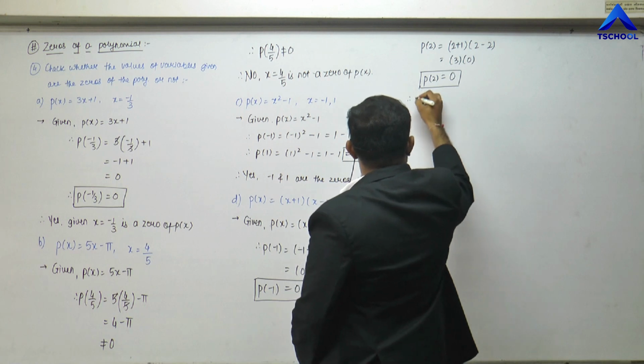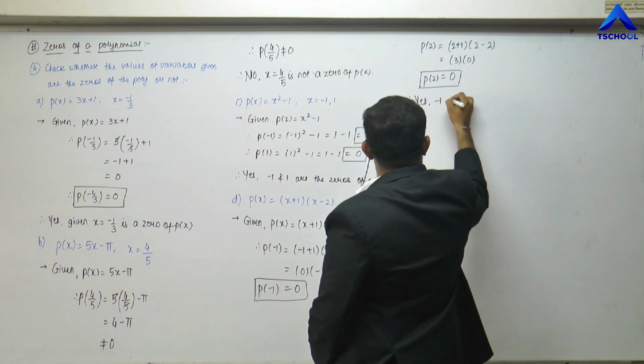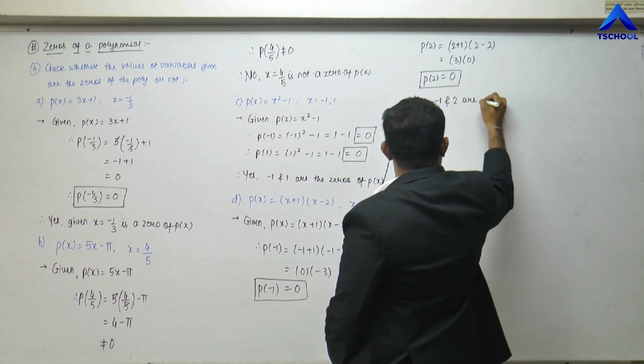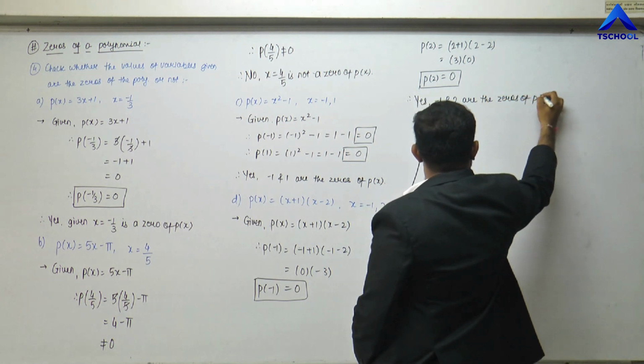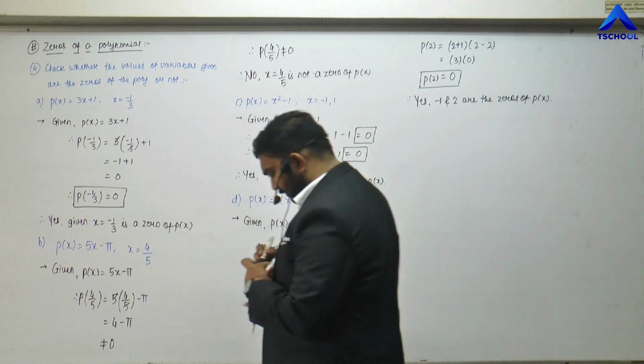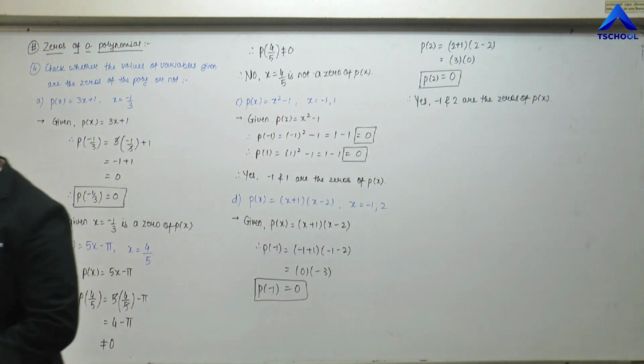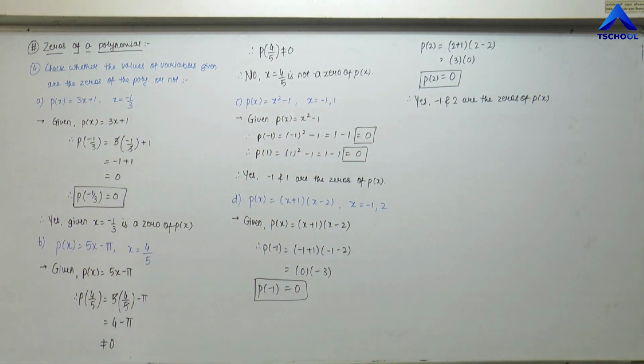Therefore, yes, minus 1 and 2 are the zeros of the polynomial p of x. Is it clear, friends? So that is how you can check whether the given values of the variables mentioned are the zeros of the given polynomial or not.